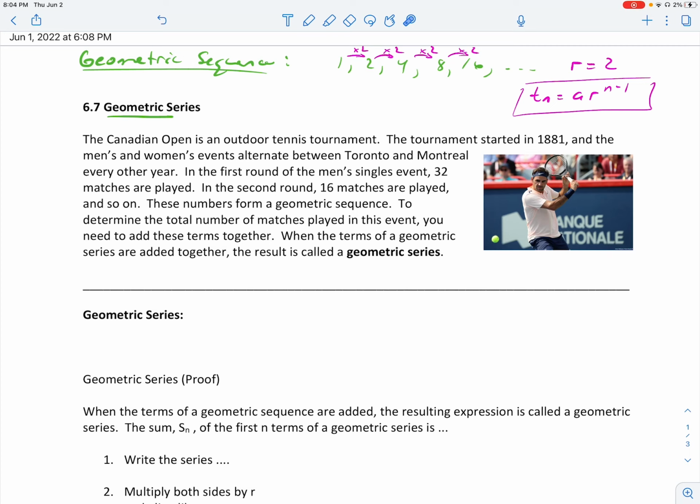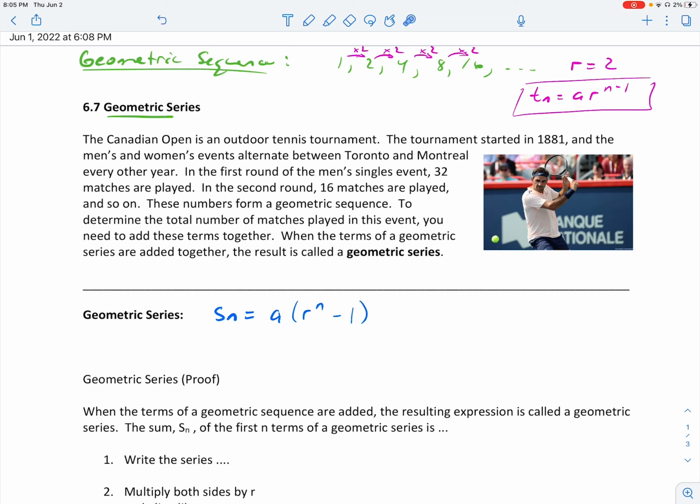Okay, so let's begin here with our formula. The formula is a little more complicated than the arithmetic one, but it's so easy to use. So the series is equal to a, our first term in the sequence, times the common ratio raised to the exponent n, and then we subtract 1 from that.